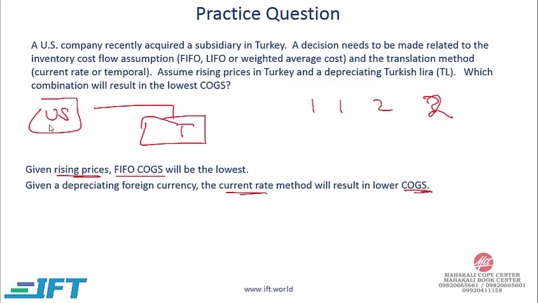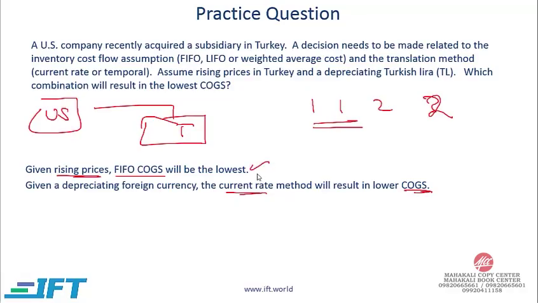The inflation rate or the prices in the parent country don't matter in this scenario. When you have rising prices, which inventory flow method will give you the lowest COGS? And the answer is FIFO, because with FIFO, we have first in, first out. So the low cost items that came in first are being sold. So FIFO is going to give us the lowest COGS.